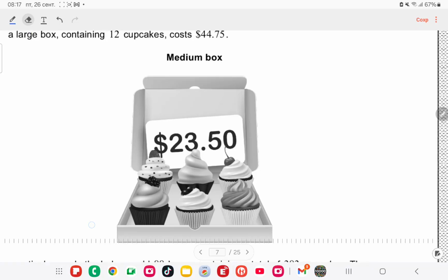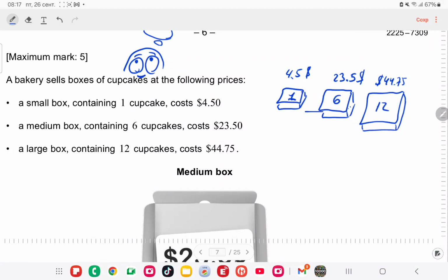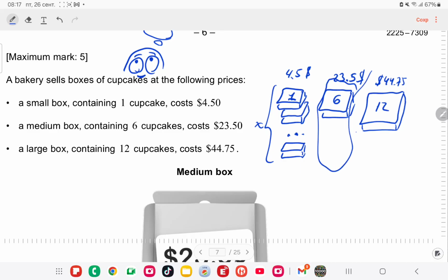It is clear, I hope, that we should find the number of boxes of each type. So the first type of box is x, and in the same way the number of medium boxes is y, and the number of large boxes is z.